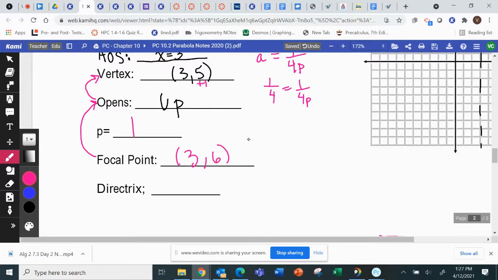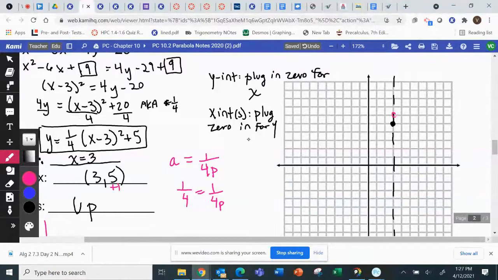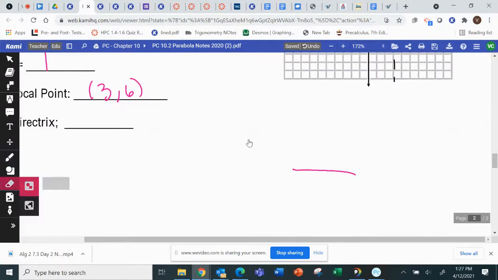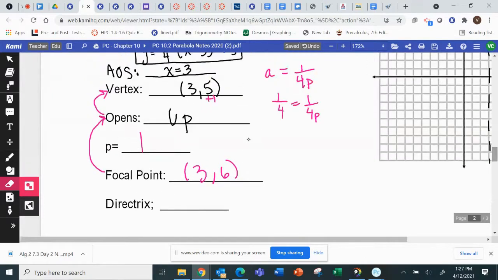I can also do this visually. Go to the graph, go 1 unit up, and write down that ordered pair. So you can do it on the graph. You can do it with the equation. The directrix is outside of the parabola. It goes in the opposite direction that the focus went in.